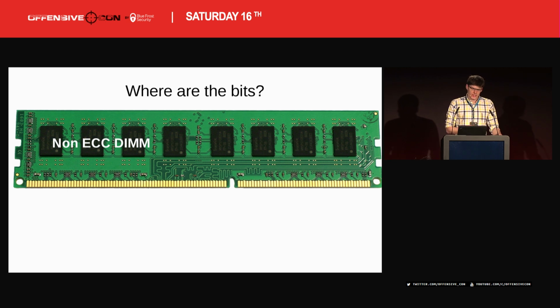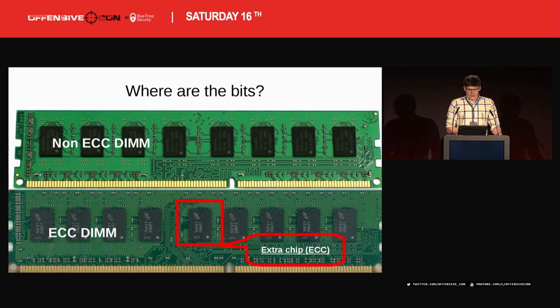But the takeaway is that this interface is fairly standard. Actually, this is a DIMM, right? For example, the ECC DIMM has only one extra chip, and those are the control bits. While we don't exactly care about the control bits, it's good to know how things are mapped in reality.